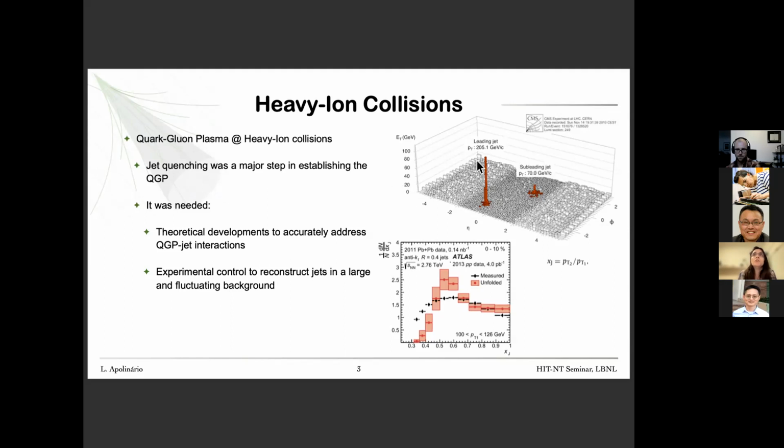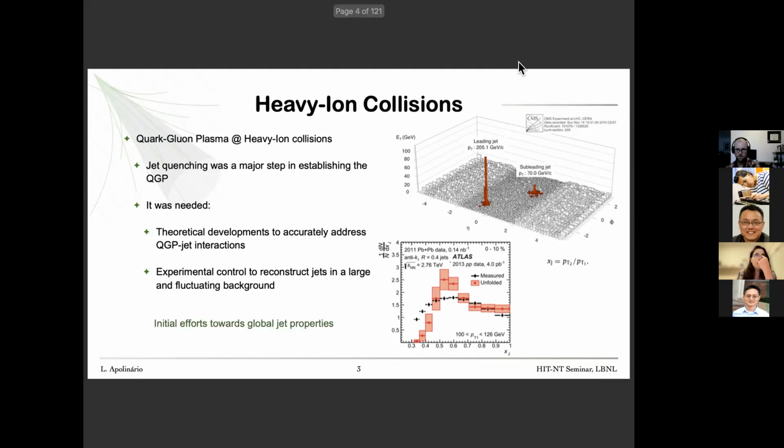But we also have to deal with the large background and handle the challenge of reconstructing jets in a large fluctuating background. Currently, I think that this is already quite well understood. And now, of course, we are moving towards larger and larger radius jets, which pose new experimental challenges that also need to be handled.